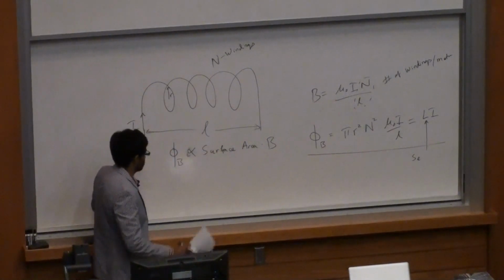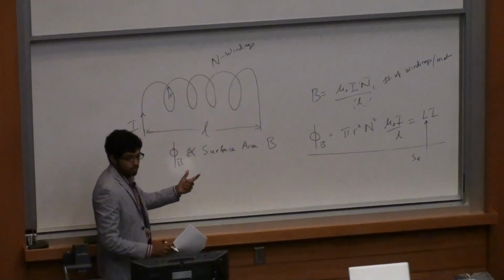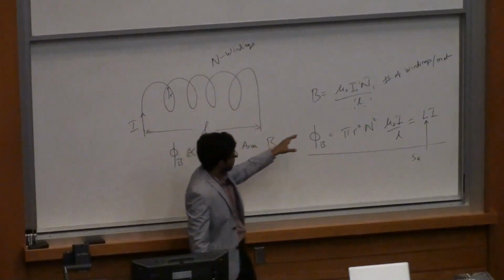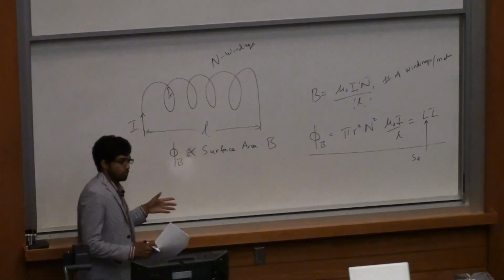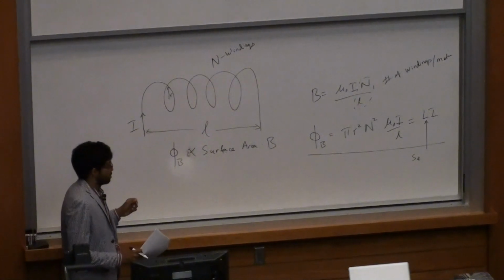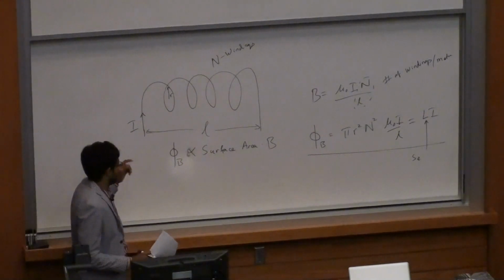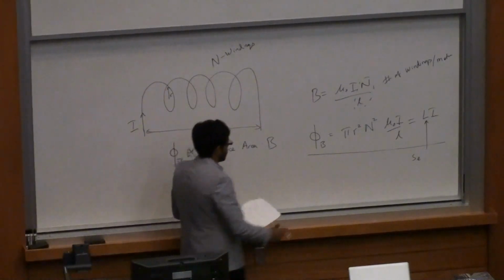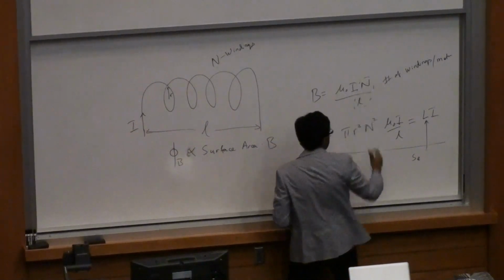And then you have N windings, so you multiply N times for the flux. The magnetic field depends on how long the solenoid is, but the flux doesn't actually depend on the length, if you remember when we discussed it. So the flux is just how many loops you have and how many times the magnetic field is penetrating it. That's why you have the N from the surface area or from the flux, and then the N from here, that gives you N squared.